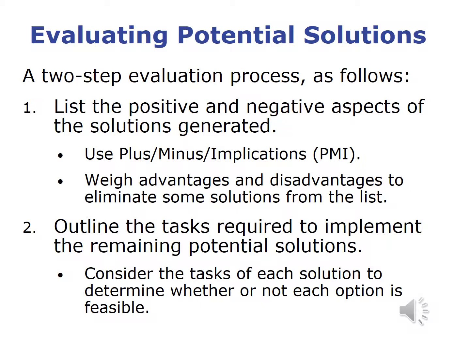Once that is done, the group can outline all tasks that will be required to implement the remaining potential solutions and determine which solutions makes the most sense to implement based on the tasks.